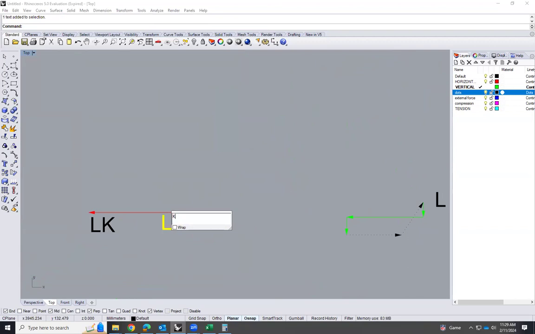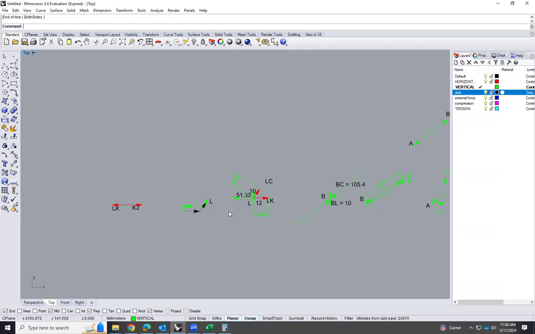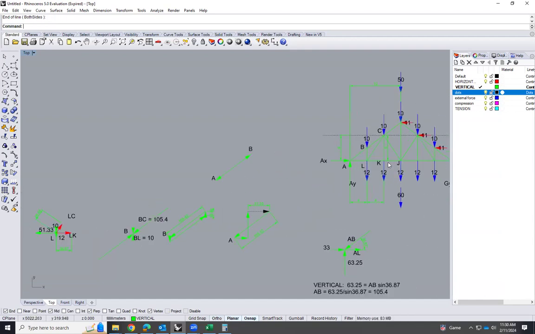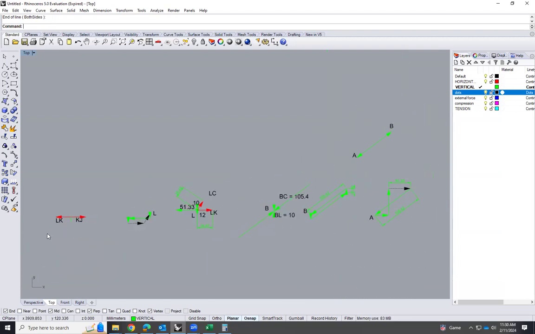And now we have this one going down, 12, because at point K, we have 12 going down.